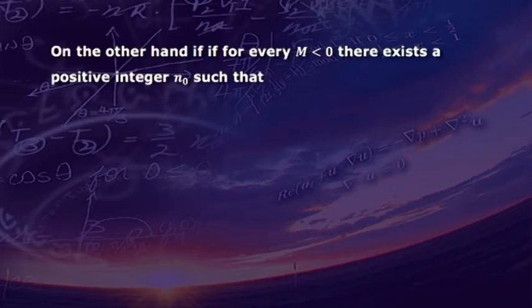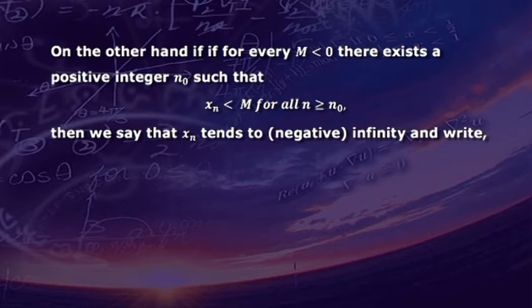On the other hand, if for every M less than 0, there exists a positive integer n naught such that x_n is less than M for all n greater than or equal to n naught, then we say that x_n tends to negative infinity and write limit of x_n to be equal to minus infinity.